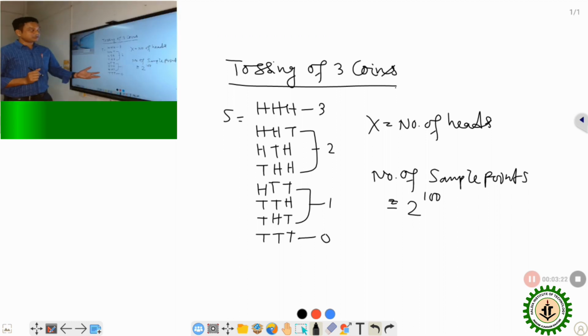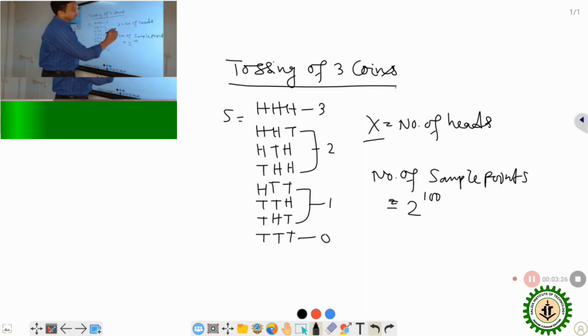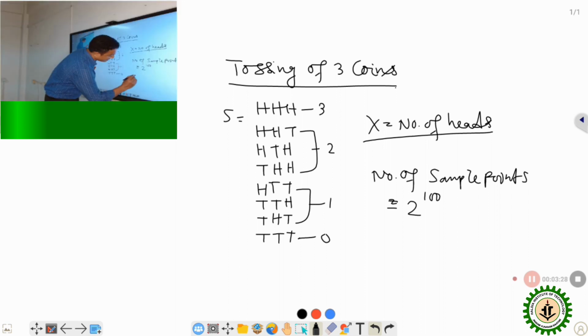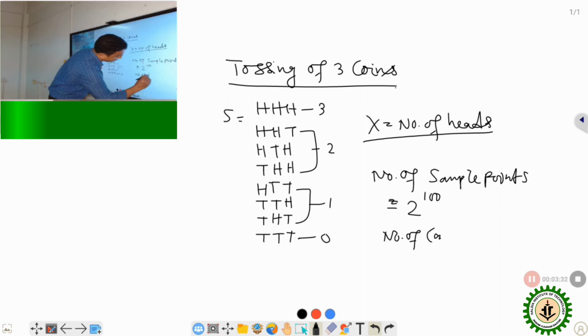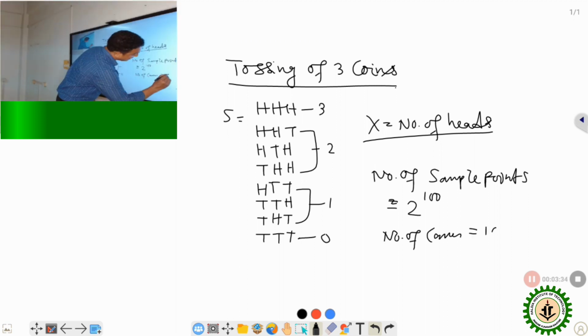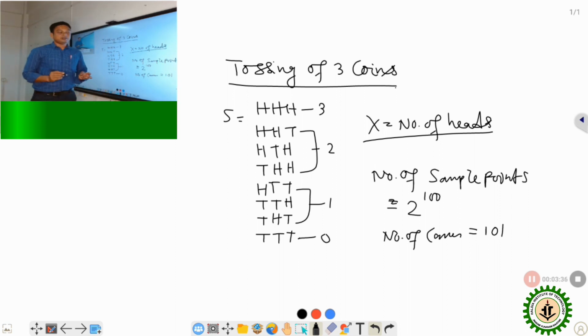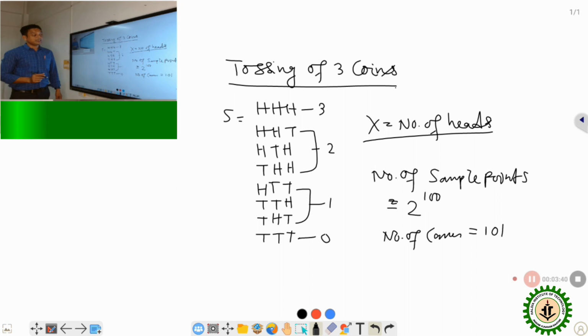Now if we consider this as a random variable, if capital X be the number of heads, then we need to consider a total number of cases equal to 101, that is 0, 1, 2, 3 up to 100. So now you can understand the need of a random variable. That's why we are going to study this in this chapter.